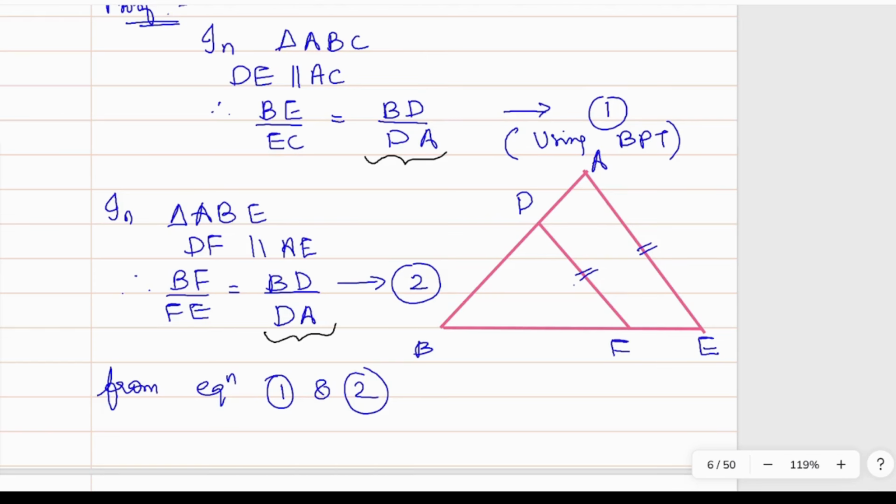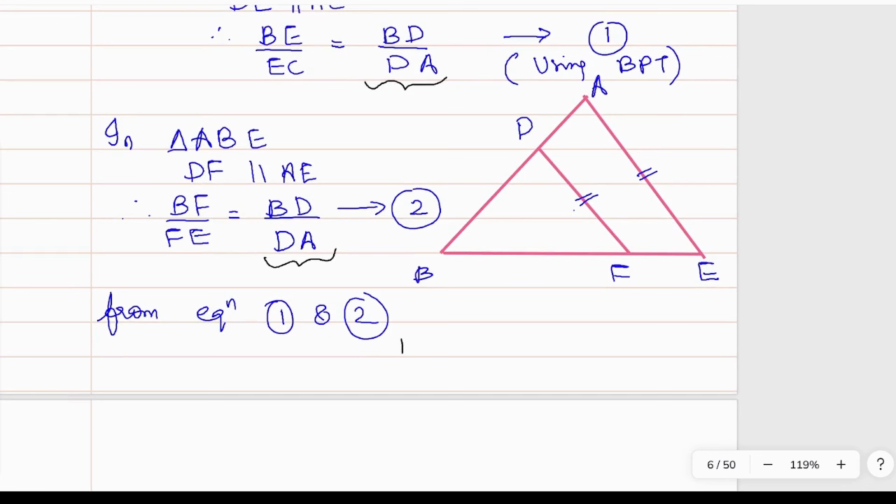That means BE divided by EC will be equal to BF divided by FE. Now look at the question. They are asking us to prove what? BF divided by FE equal to BE by EC. This is the same thing only, right? So we can write hence proved.